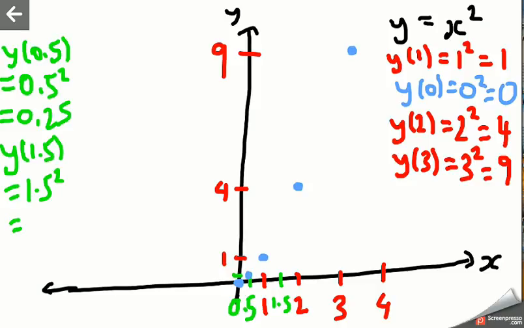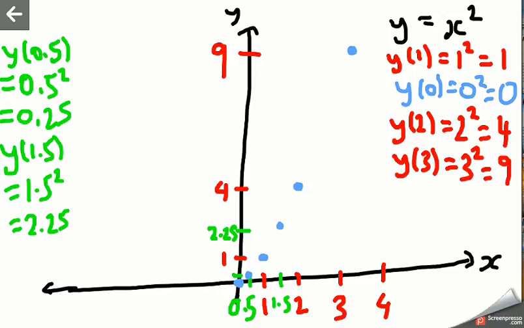So 1.5 of 1.5 is 1.5 plus 0.75, which is 2.25. So when x is equal to 1.5, y must be equal to 2.25, which the way I've drawn this should be about there. And so our parabola goes through the point 1.5 and 2.25.